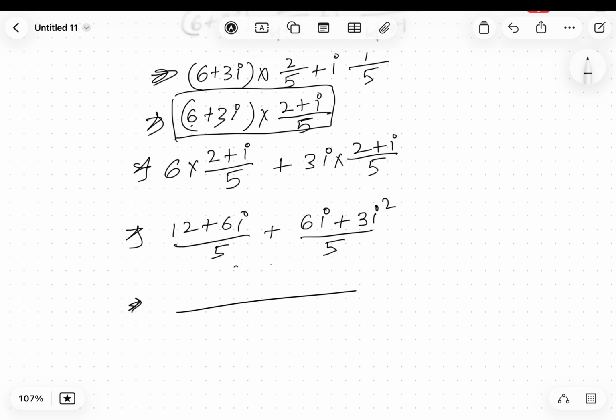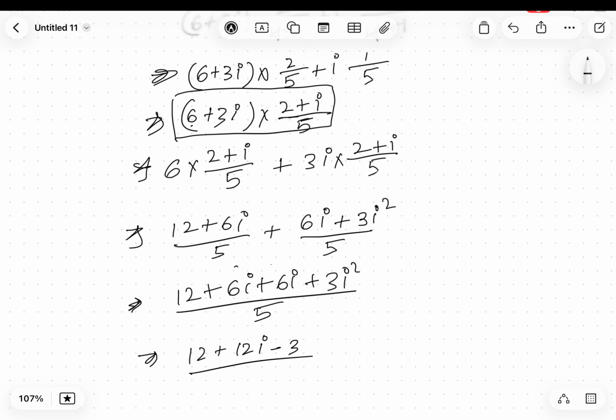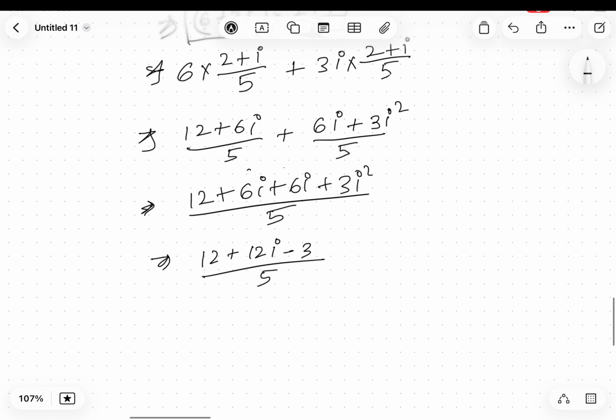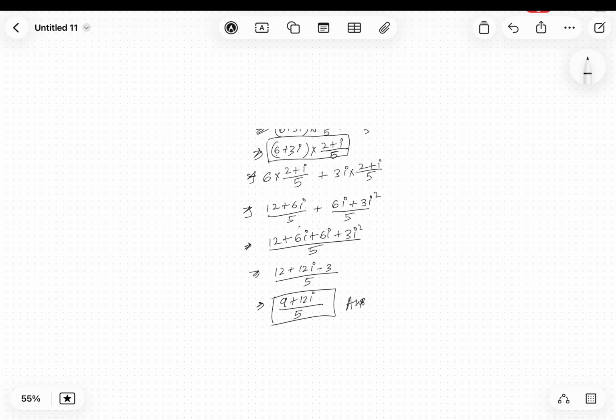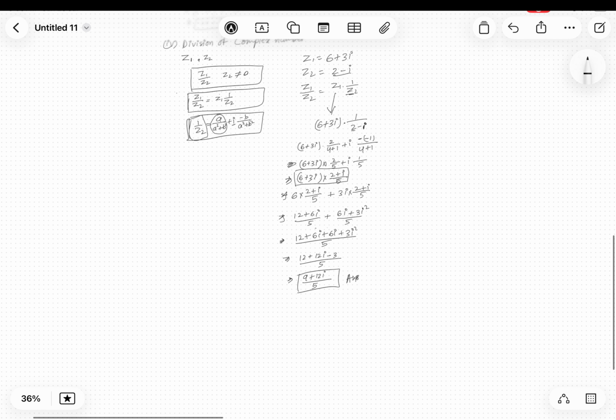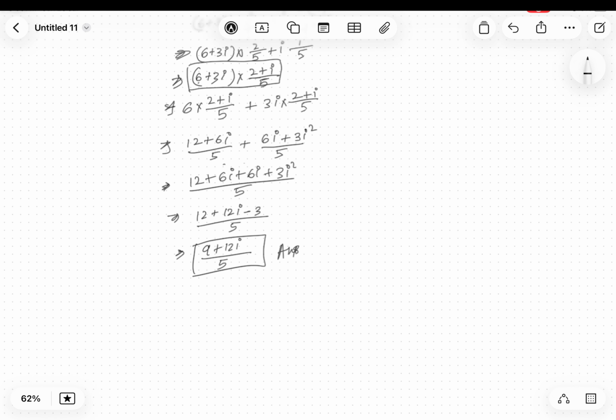And when we take common 5, it will be 12 plus 6i plus 6i plus 3i square. So it will be 12 plus 12i minus 3 by 5, and it will be 9 plus 12i by 5. Okay, so this is the answer, and this is the multiplication and division of complex numbers.